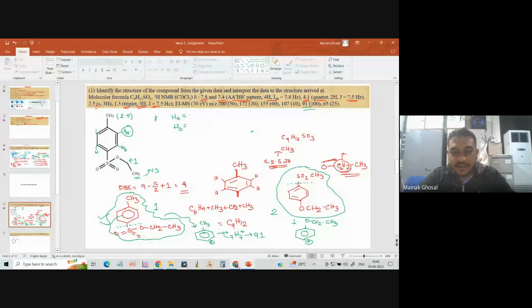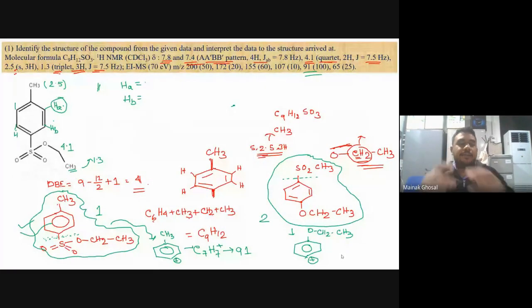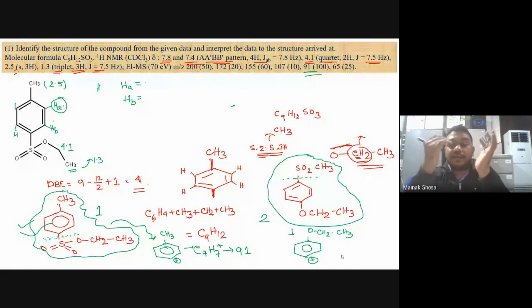Chemical shift actually depends upon whether you have an electronegative atom nearby. So among HA and HB, nearby to which hydrogen do you have the electronegative atom? You have the electronegative atom sulfur, which is very close by to HB, right?